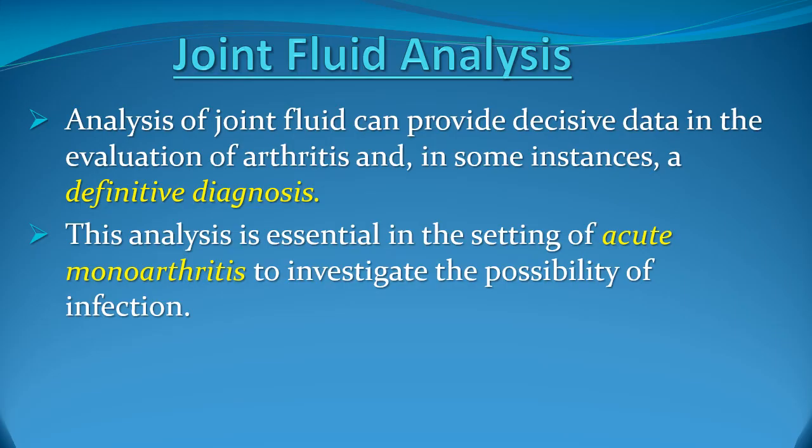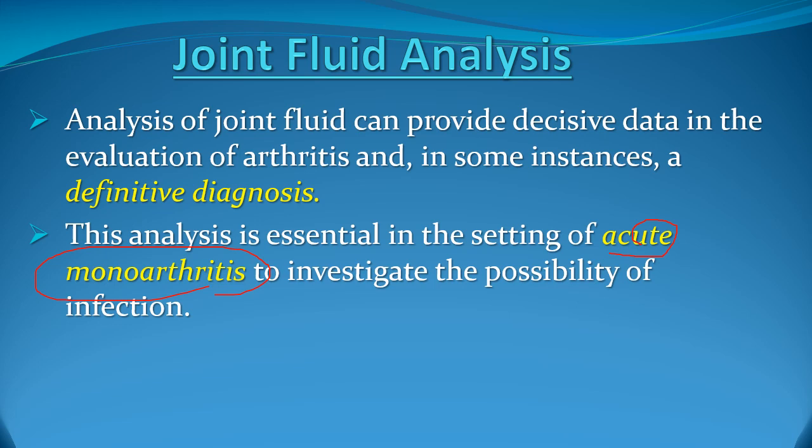Now, regarding joint fluid analysis, in certain cases you might have rheumatologic diseases associated with joint effusion. So it is quite logical that you insert a needle and take part of this fluid for analysis. And usually we encounter this situation in what we call acute monoarthritis, because usually the effusion is limited to one joint.